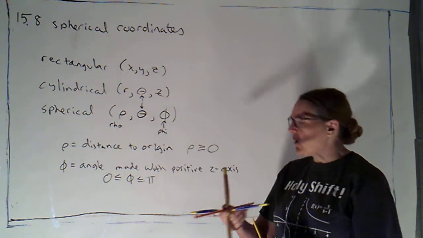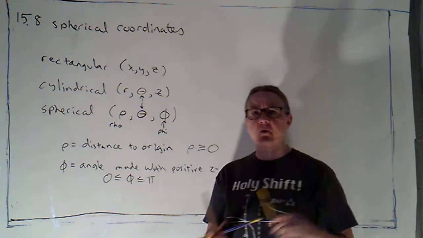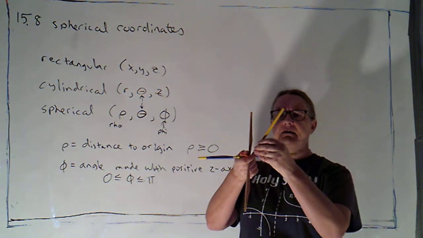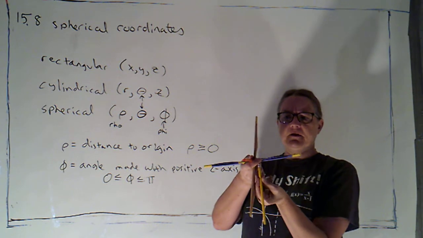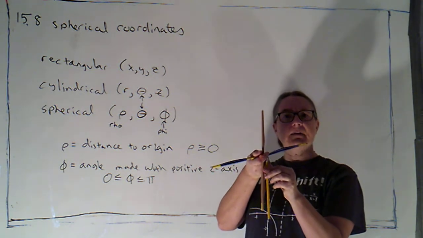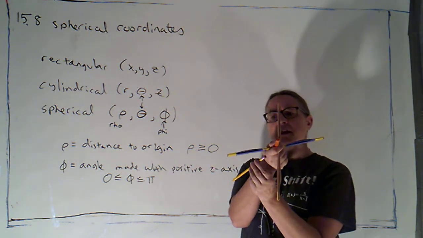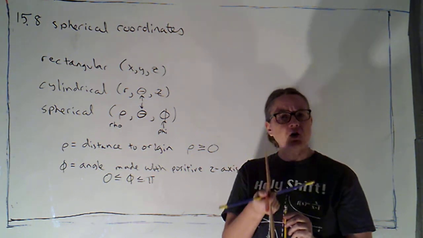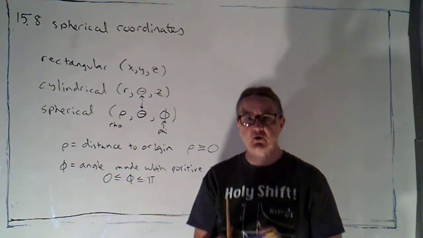Now you might wonder, why doesn't phi go all the way to 2 pi? Because you'd think I can rotate down. Now this would be an angle of pi when I'm on the negative z-axis, but why can't I rotate back up and all the way around? Well, I could, but I don't need to.